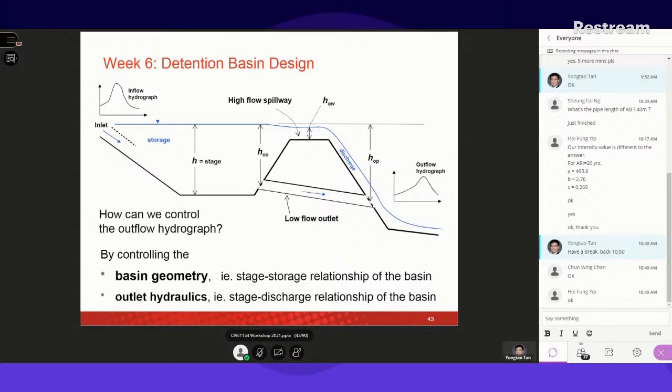How about the slope? The side slope should be no steeper than 4H:1V. H means horizontal, the distance relative to the height of the detention basin.